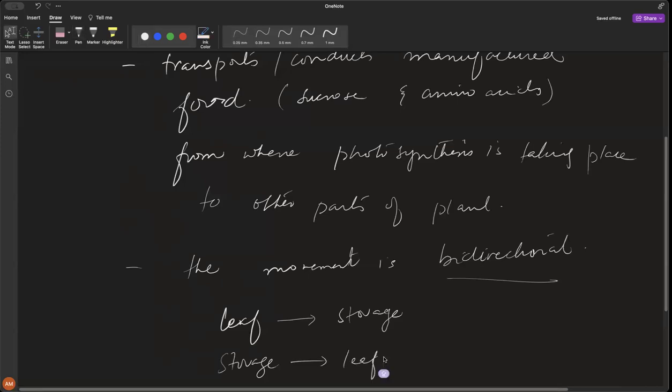So it is a bidirectional movement. It can go up and it could go down, no matter what.